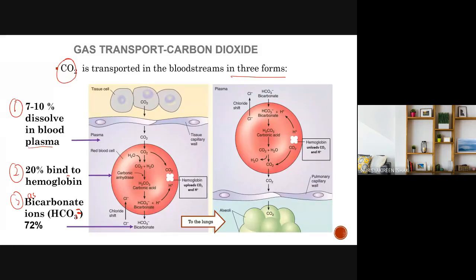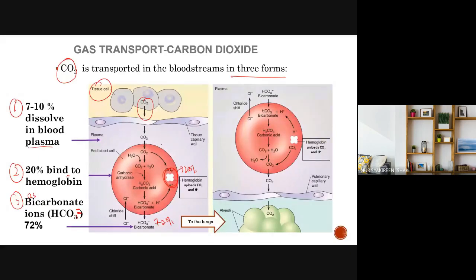Okay, bicarbonate ion. So kalau awak tengok kat sini kan, so 7 to 8% as dissolved in blood plasma. So yang 20% bind kepada hemoglobin kat sini to form carbaminohemoglobin, and yang ni 72%. Yang ni 20%. Okay. So ini daripada body cells lah kan. Sebab apa? Dia akan undergo cellular respiration that produces carbon dioxide.